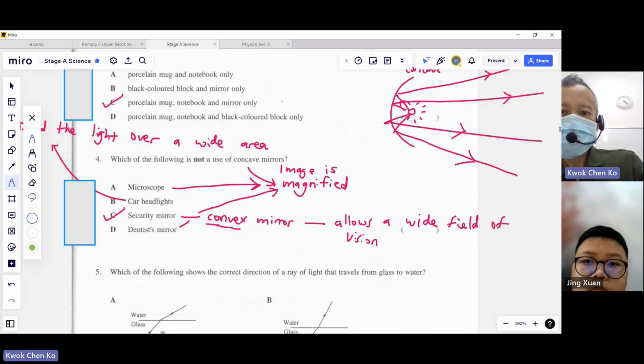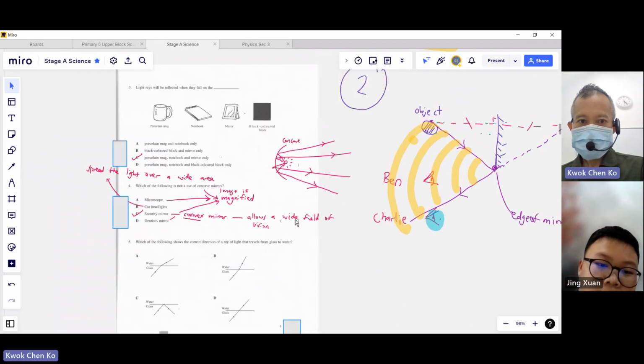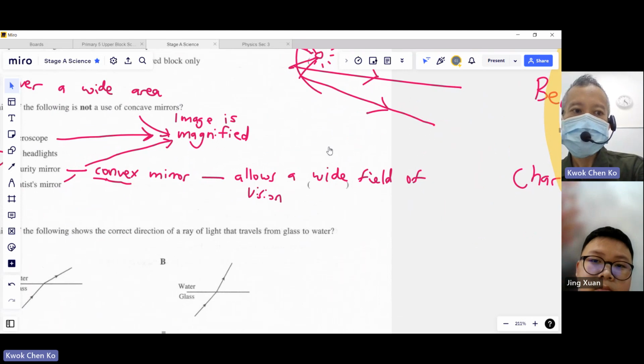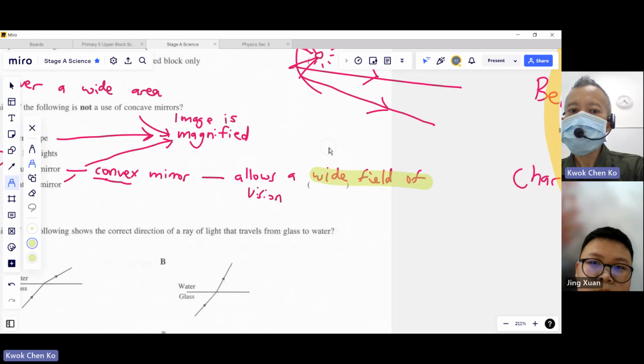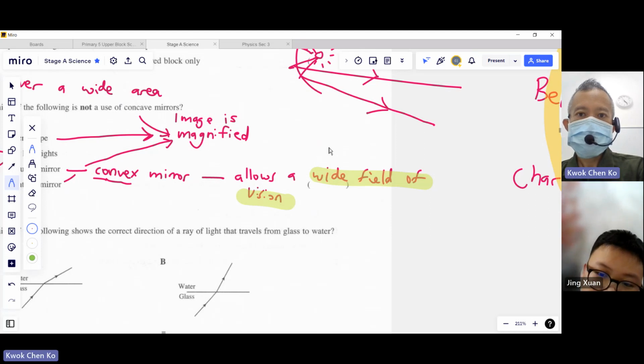Look at this. You see, I told you, even without a calculator. Now, basically, these are the keywords I want you to take note of: a convex mirror allows a wide field of vision. Right, so imagine you have something like this.